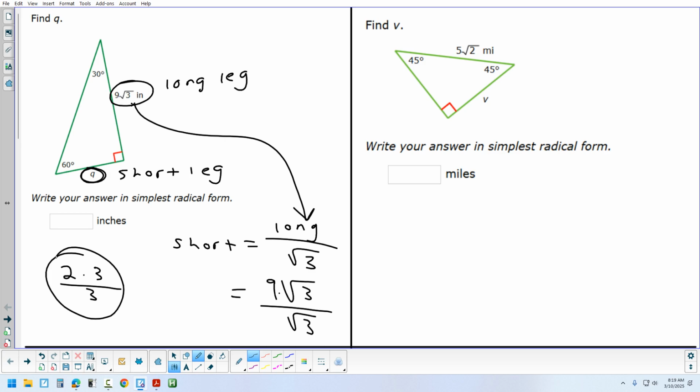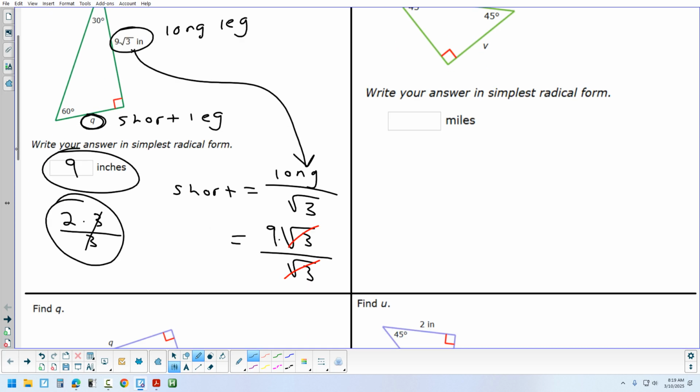The 3. The 3's, because you have the same thing in the top and in the bottom. Okay. What do we have in this one that's the same in the top and the bottom? Square root of 3. Yep. So because that's in the top and that's in the bottom, it cancels out. And what are we left with? 9. That's how you do it. So the length of the short leg is 9. That's all you have to do.